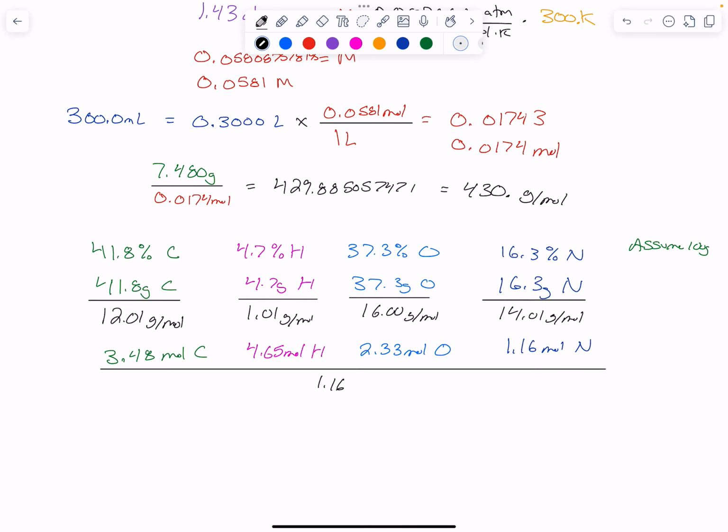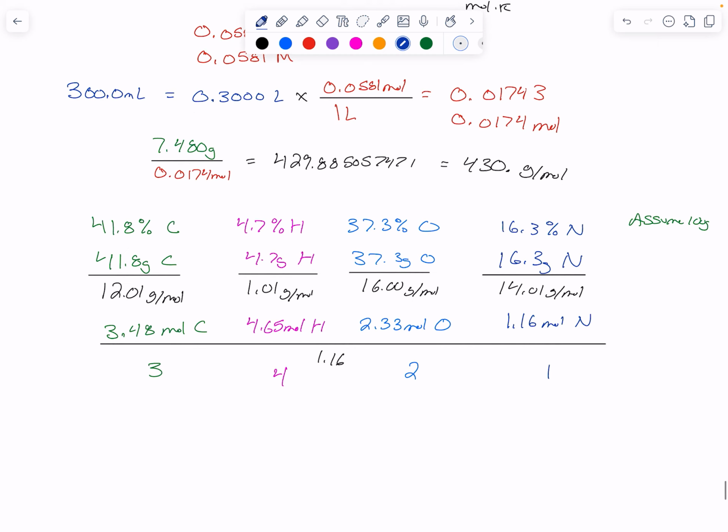So 3.48 divided by 1.16 gives me 3. The 4.65 divided by 1.16 gives you 4. The 2.33 divided by 1.16 gives us 2. And, of course, 1 for nitrogen.